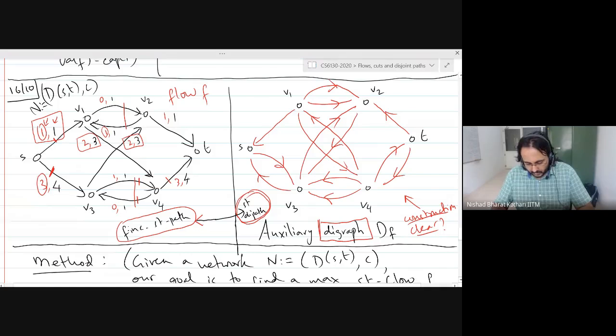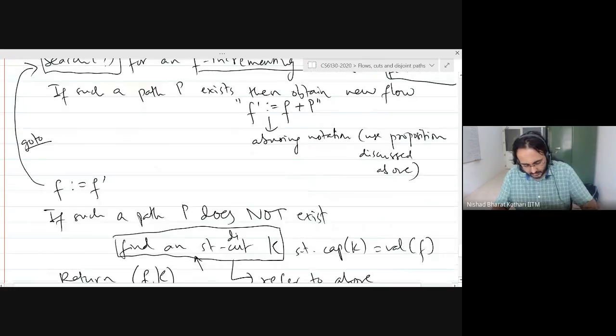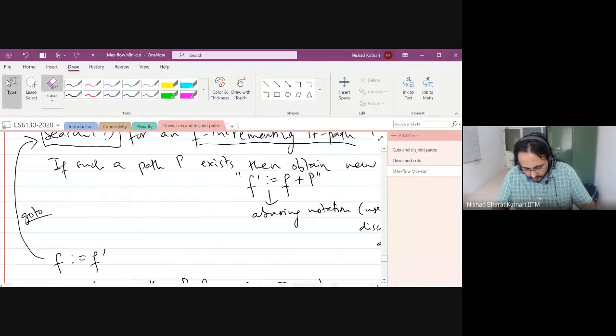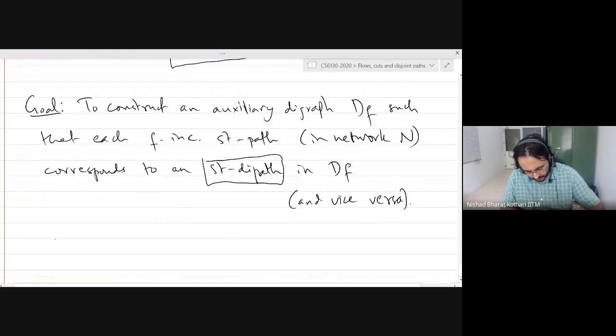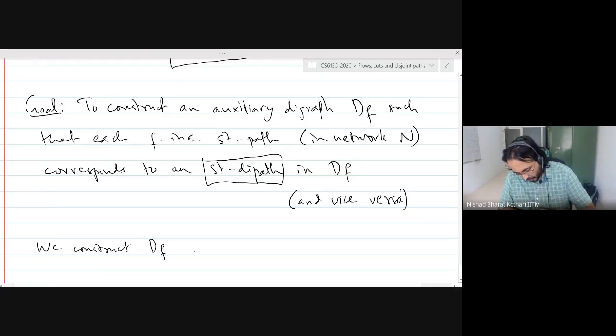Okay, so let's write down the formal definition, just so that it's crystal clear what we are doing. So we construct the auxiliary digraph Df as follows.